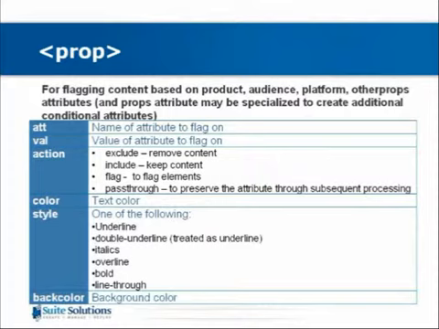Val is the value of the attribute; you want to say platform attribute equals XP. For action, exclude and include are for filtering. Flag is to do something with the flag: to add color, style, or some images, or to pass through to preserve this attribute so that it doesn't get pulled out of the information.